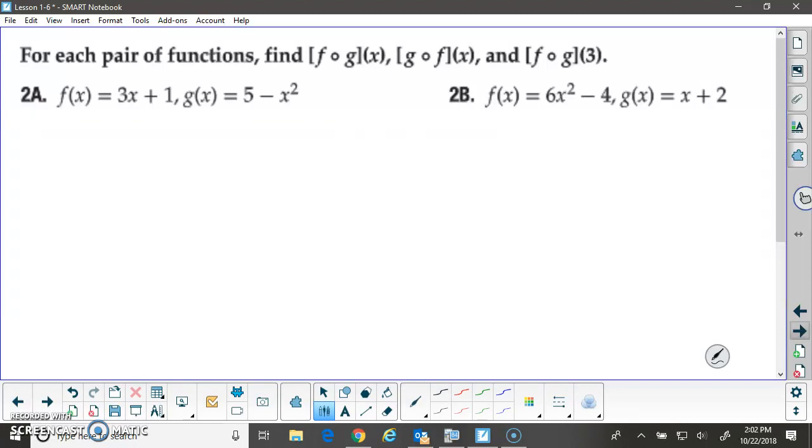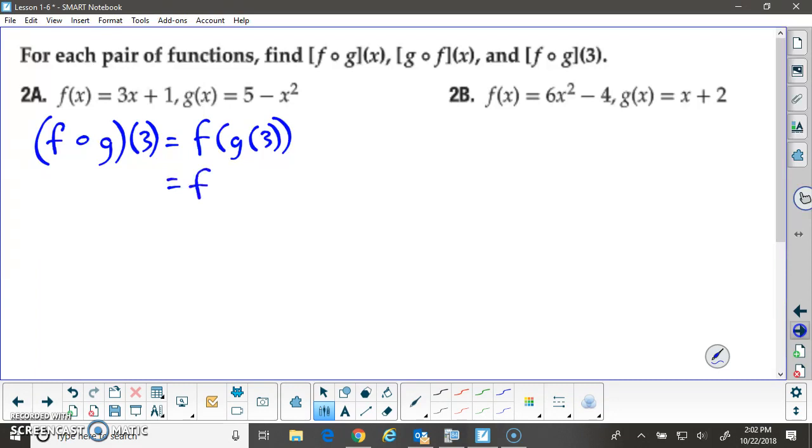Let's do a similar example. There's 3 parts to it. Let's do example 2a, and let's find f of g of 3. Again, what that means is put 3 inside g, and if we do that, we get -4. Then take -4, put it inside f, and that would give us -11.